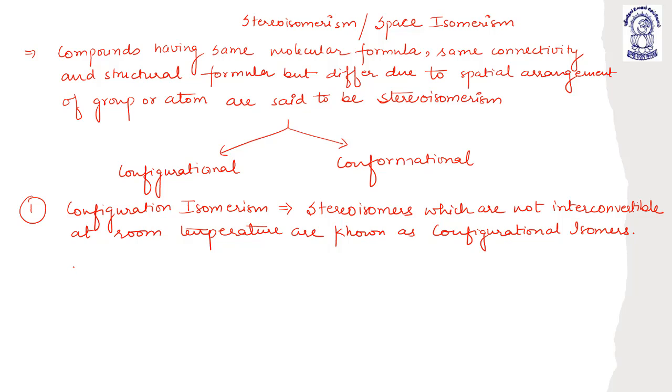This configurational isomerism is further divided into two parts, geometrical and optical. First we are going to discuss geometrical isomerism. Geometrical and optical both belong to configurational isomerism.